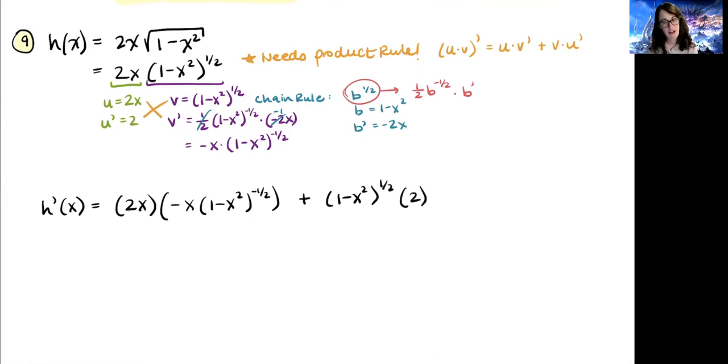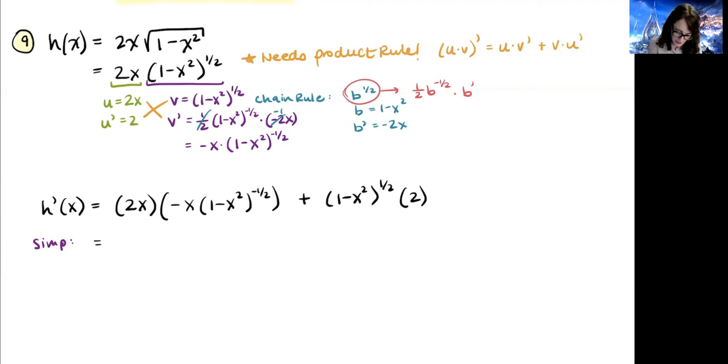Now again, here's the end of our calculus. Now we just have to simplify this using algebra. So simplify. Now I would first recommend that you get rid of all of the parentheses and rewrite things with single terms in the front and then more than a single term, like a 2-term thing, after that.